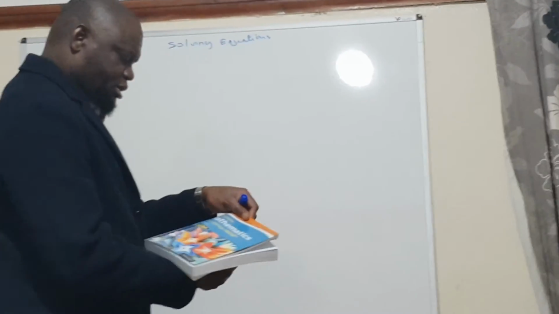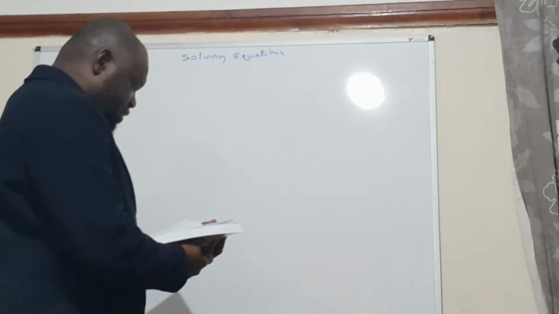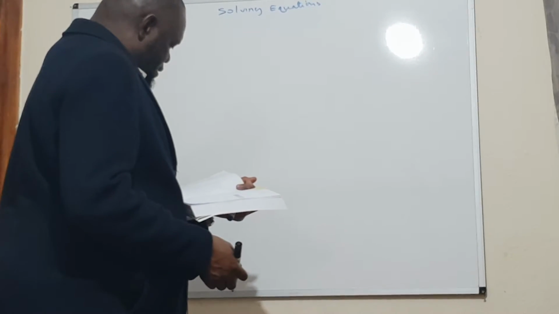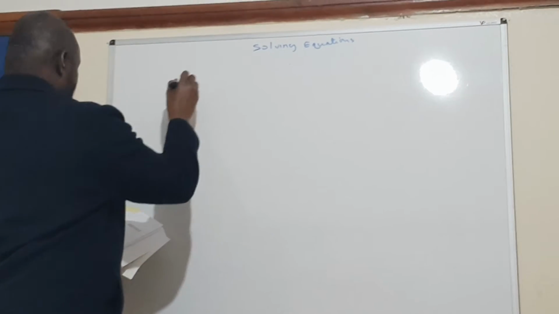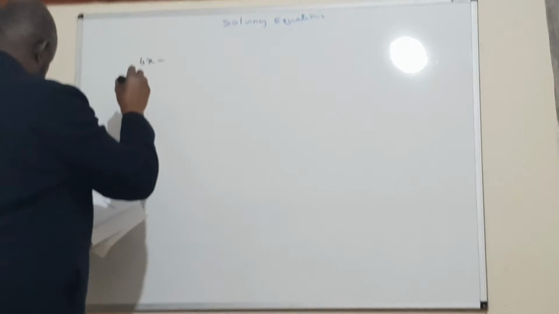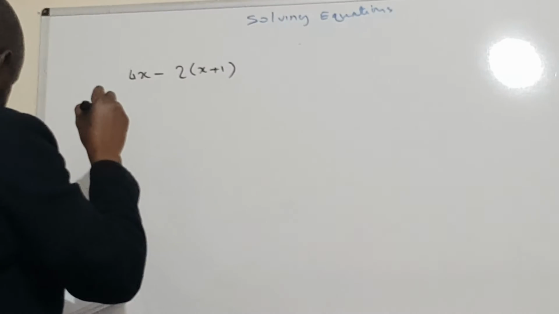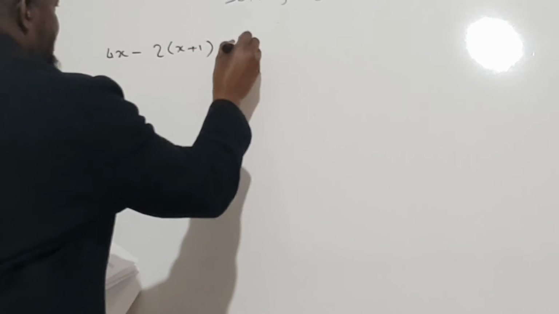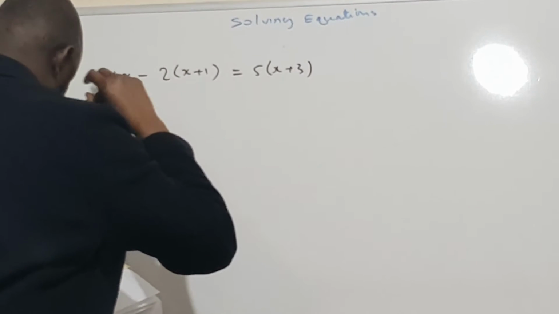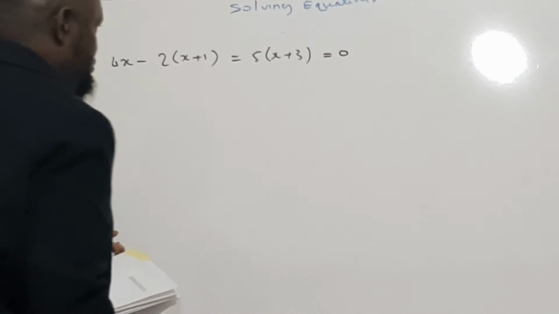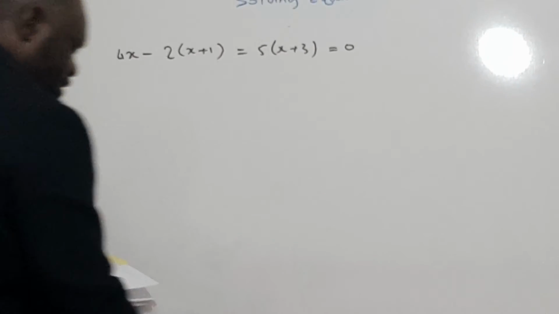We take this from Cambridge Mathematics International GCSE, the extended version. It has so many questions. Question 21, it says 4x minus 2 into x plus 1 in bracket, is equal to 5 into x plus 3 in bracket, plus 5.